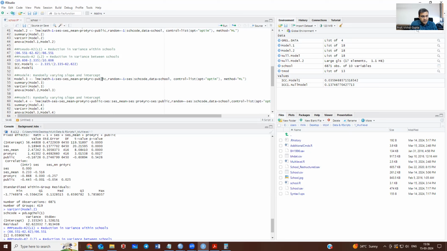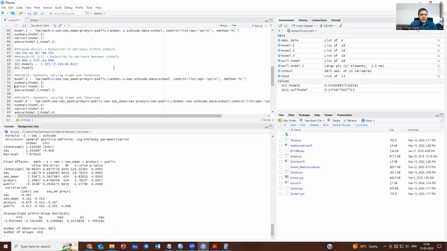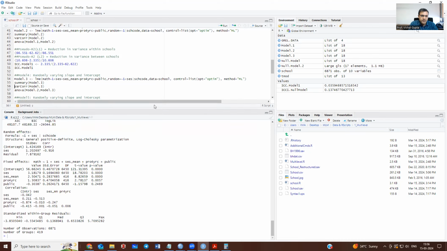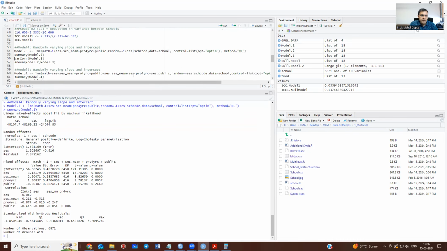Let us run this now and we do the summary. Let us look at the summary now. Our AIC, BIC and deviance, and now you see random effects.